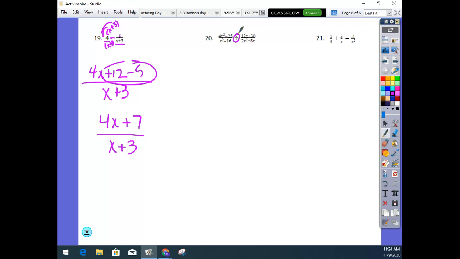This is a division problem, so I need to multiply by the reciprocal. I'm going to save a little space and just factor as I go. This numerator, difference of 2 squares, 2x, 2x, plus 5 minus 5. The bottom is also the difference of 2 squares, x plus 4, x minus 4.